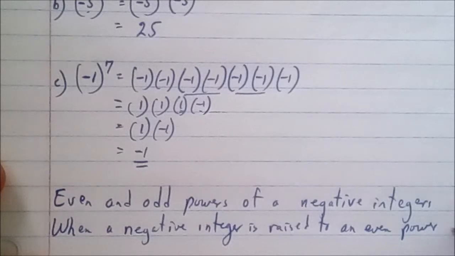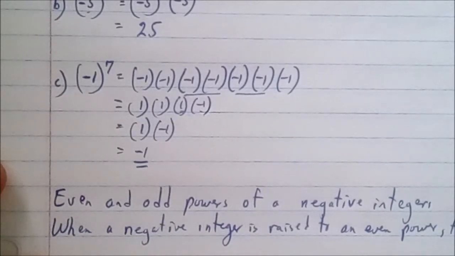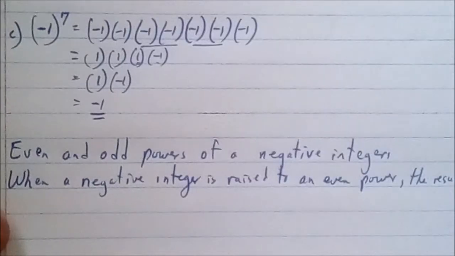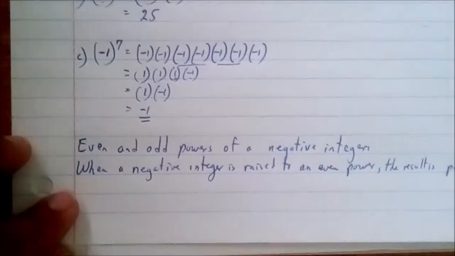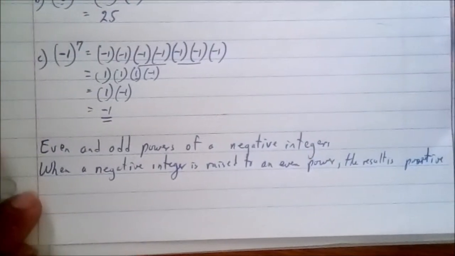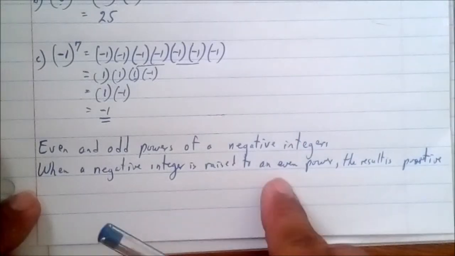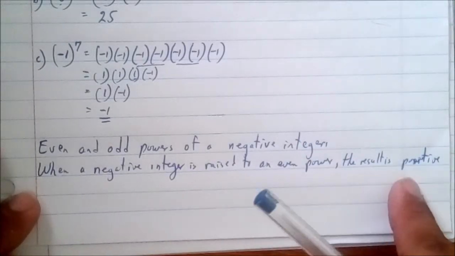Okay, the result is positive. So when you multiply a negative integer raised to an even power, the result is positive.